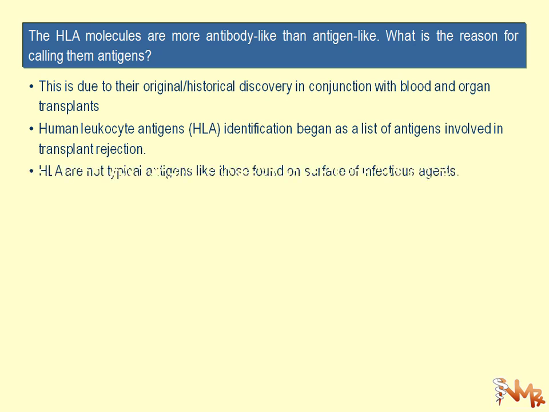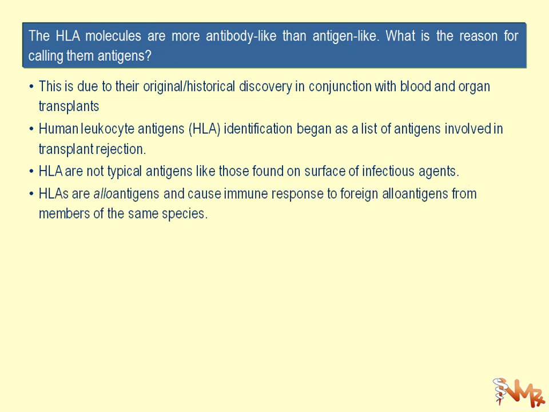HLAs are not typical antigens like those found on the surface of infectious agents. These are alloantigens and cause immune response to foreign alloantigens from members of the same species. More specifically, HLAs are involved in alloimmunity.